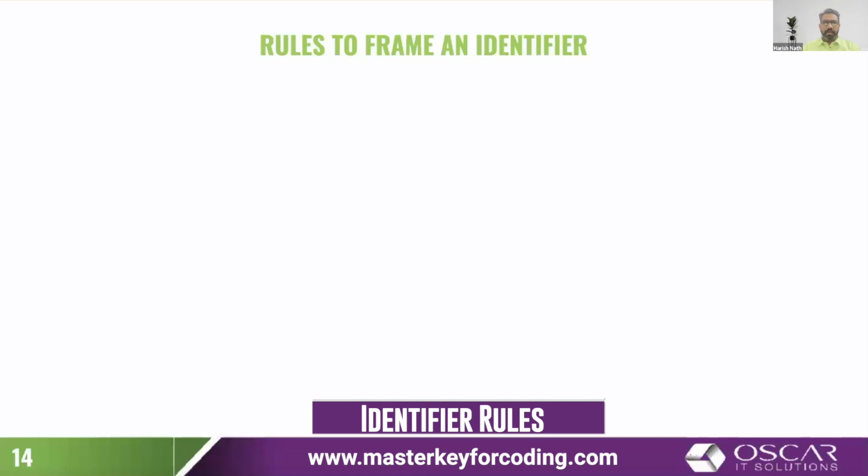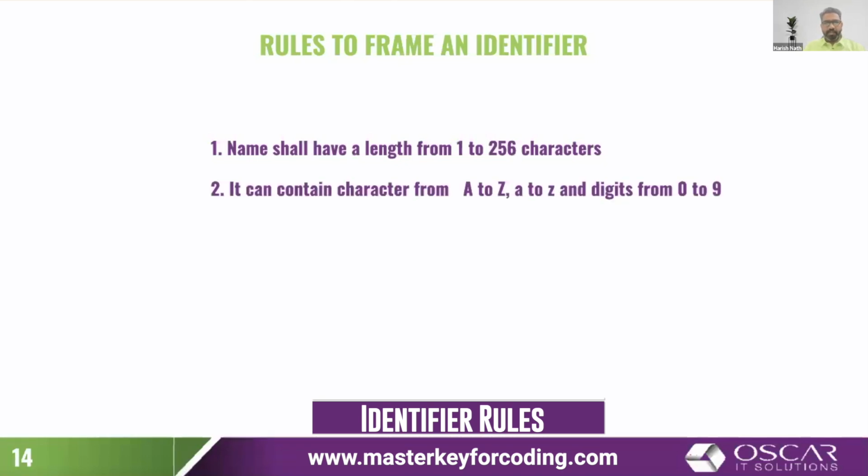There are certain rules. Only when we frame an identifier this way, the translator recognizes it. Otherwise, the translator can't recognize it. It finds it as an illegal token. So what are these rules? First, the length of that name should be at least one character to a maximum of 256 characters. Then it can contain characters from A to Z, uppercase and lowercase, and digits from 0 to 9.